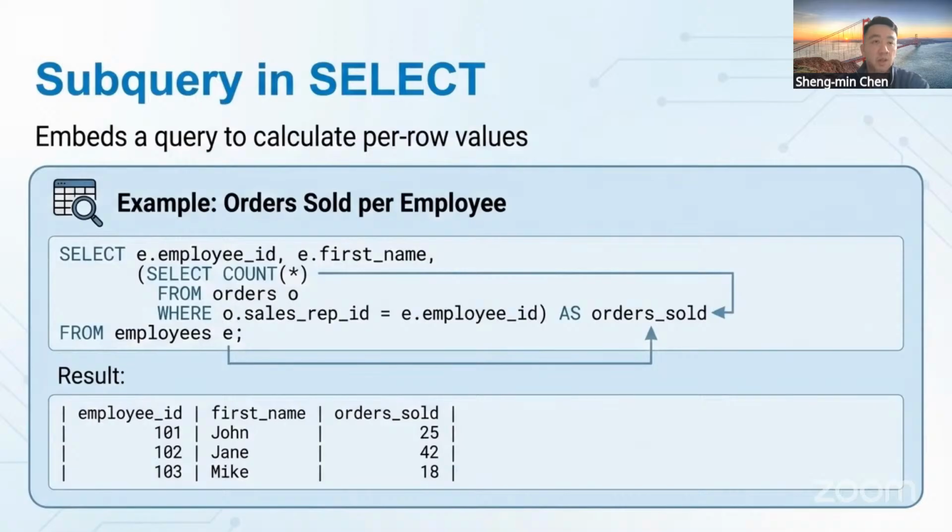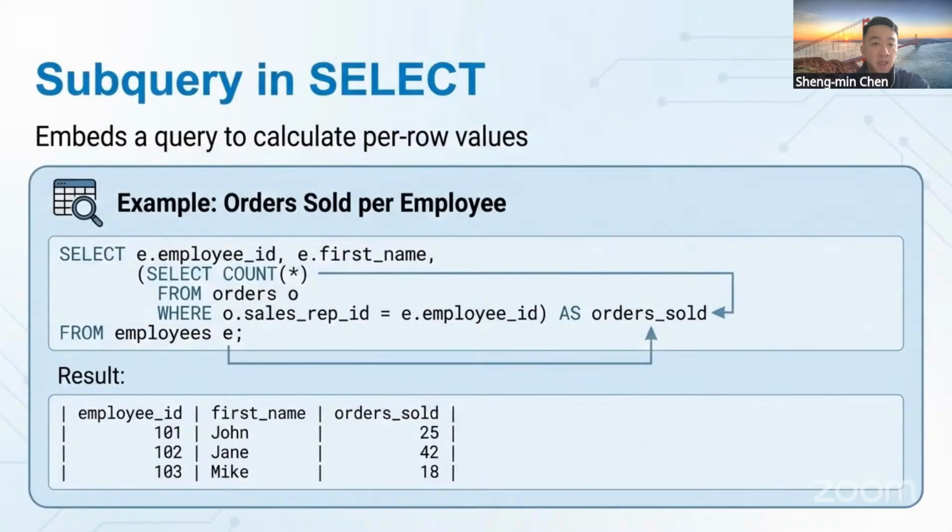Okay, so we can also use a subquery in the select clause, such as this example here. As you can see, we have an employee table and we use an alias E. So you can have another column on the fly using a select statement here.